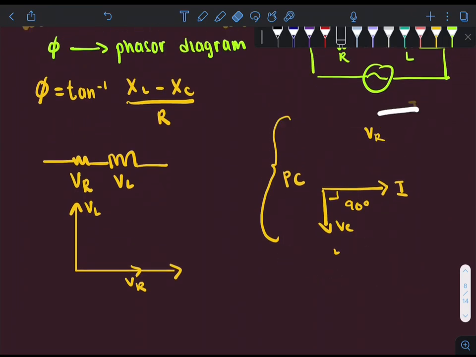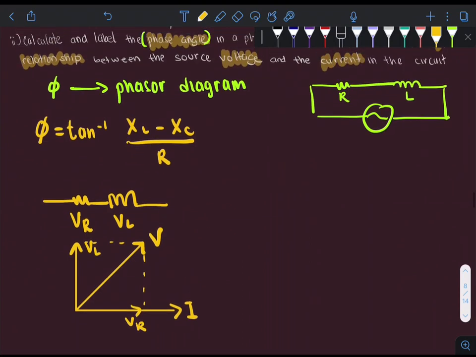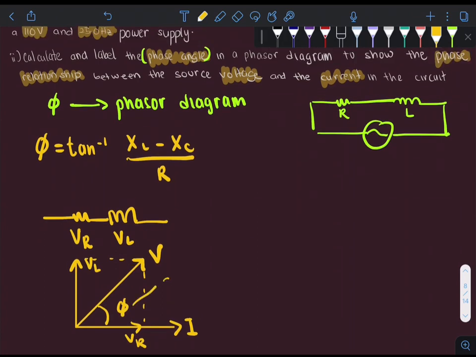So with the phasor diagram that we have here for the voltage and the current, we can deduce that the resultant voltage for the inductor and also the resistor is going to be somewhere here, where this is the voltage of the source and this is our current. So from here we can deduce that we have voltage leading the current by phi, and we are required to find what is the value of the phi here.